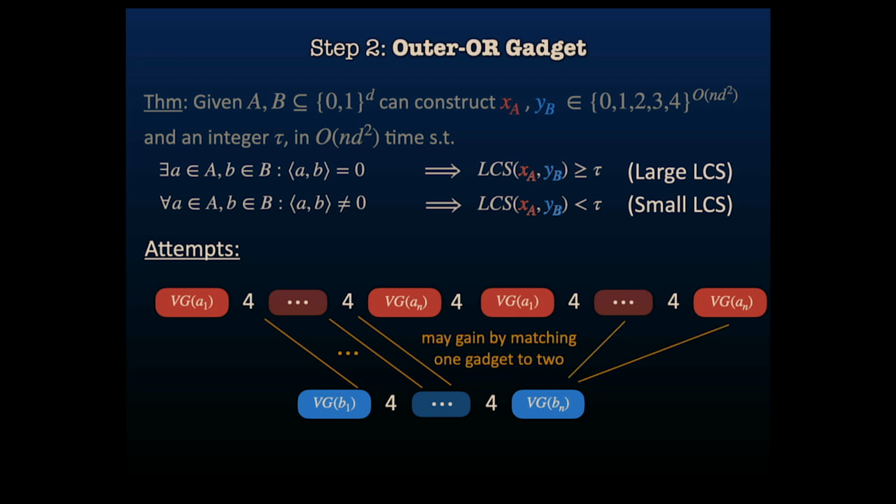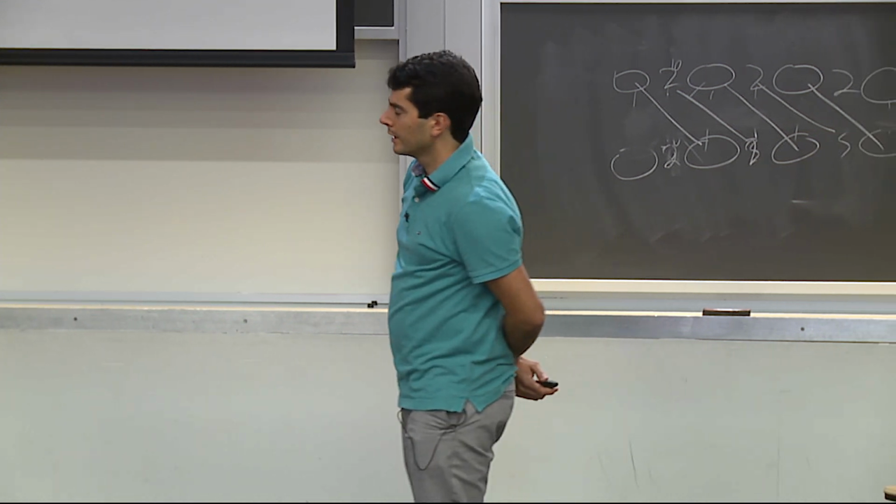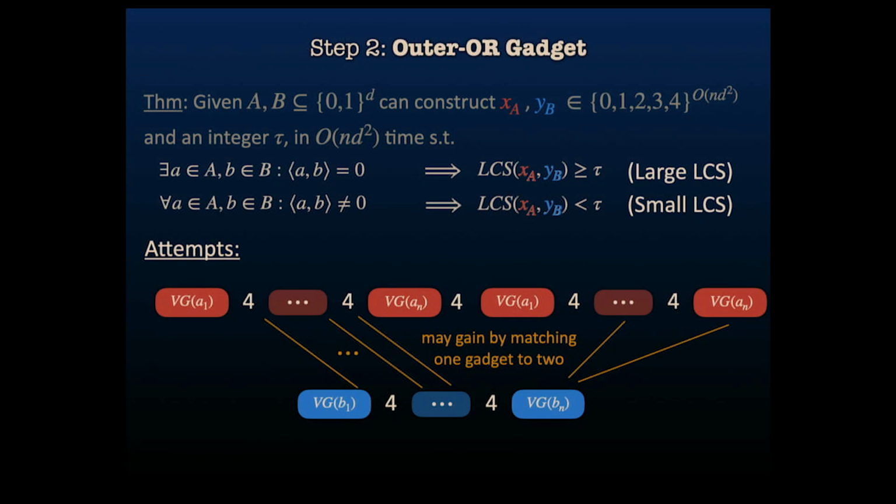Right, so splitting is the problem. Because there are more gadgets on top than below, you don't need to match one gadget to one gadget. You can cheat. You can say, okay, this gadget, I take some letters from here, some letters from there. And then I get extra score.